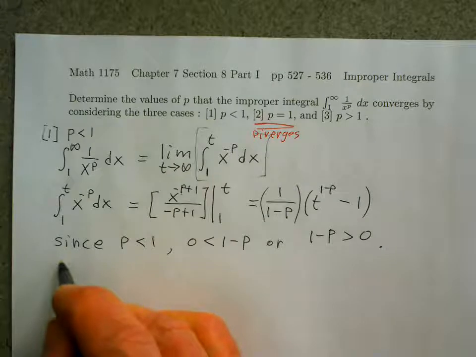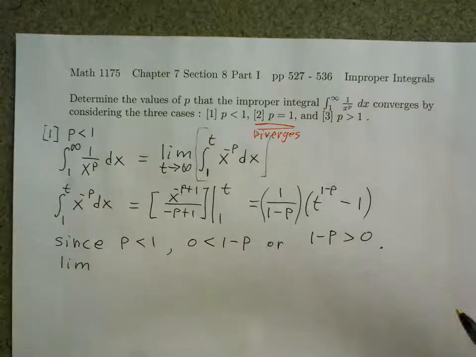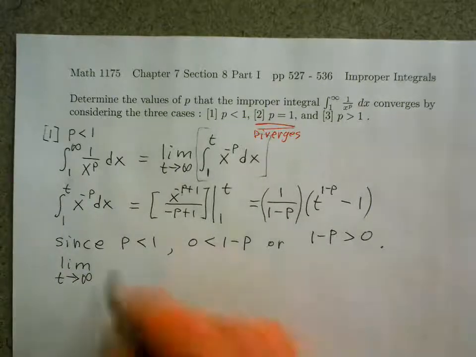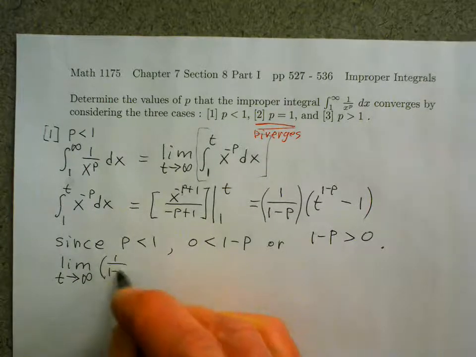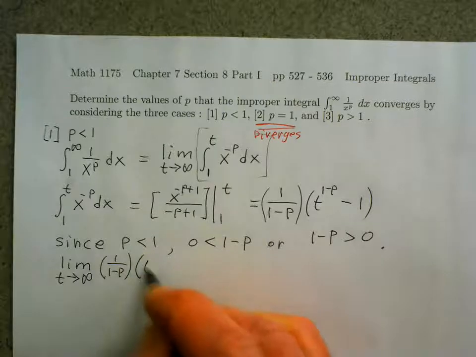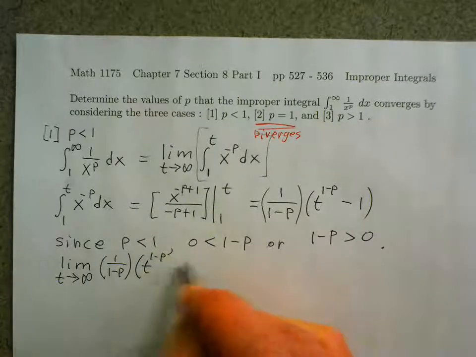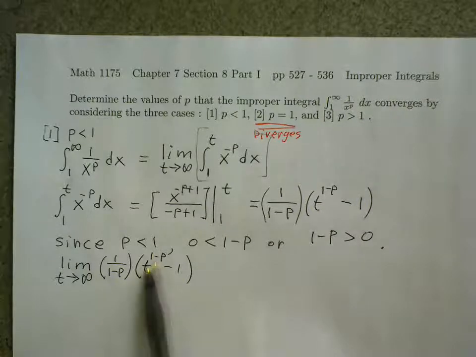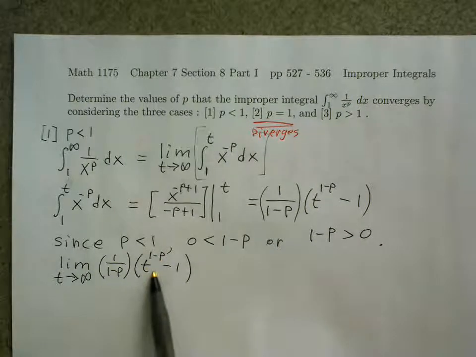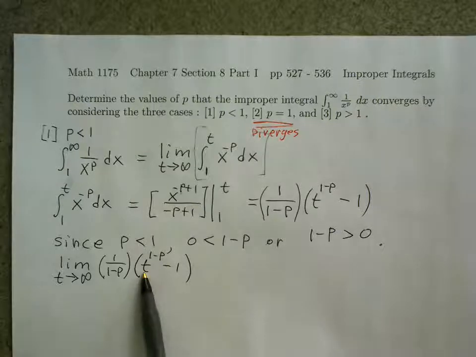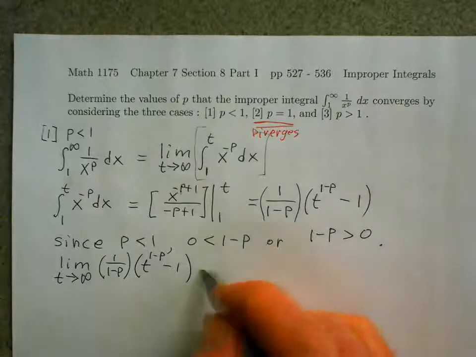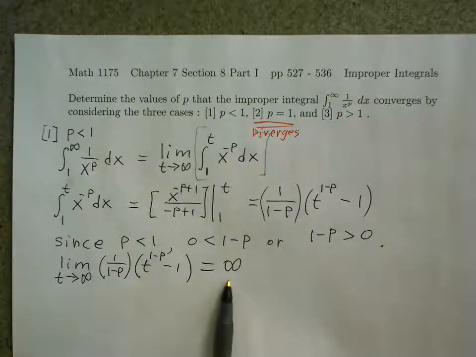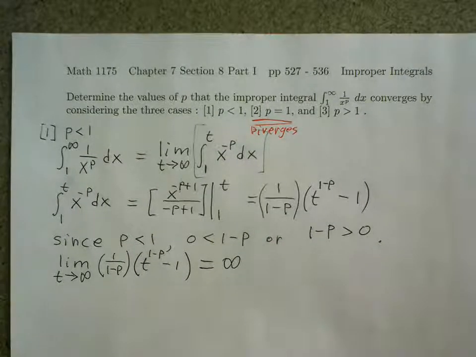And the limit of that expression as t approaches infinity of 1 over 1 minus p times t to the 1 minus p minus 1. Well, since the exponent on t is positive, then when t goes to infinity, this limit does not exist. We would say that it equals infinity.